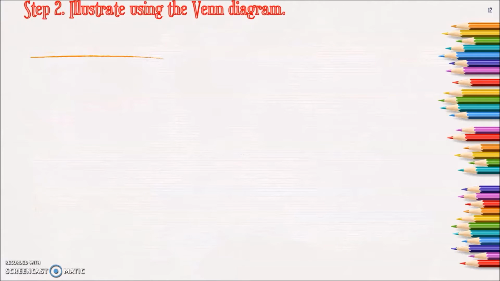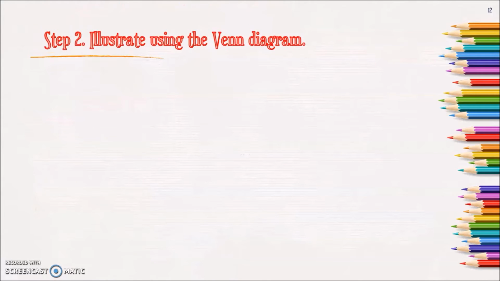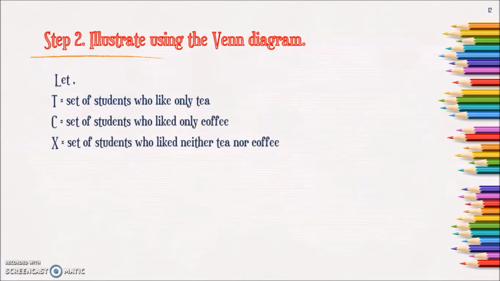Step 2. Illustrate using the Venn diagram. Here, we let the following be a representation to solve the problem. We let T be the set of students who like only tea. We let C be the set of students who like only coffee.